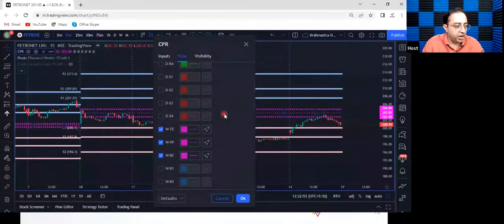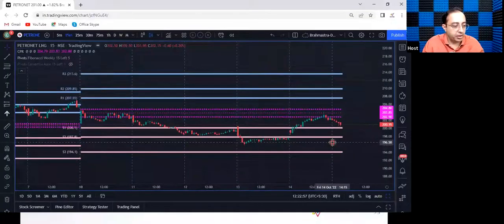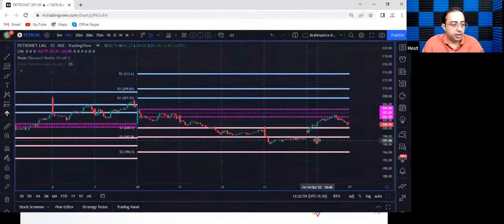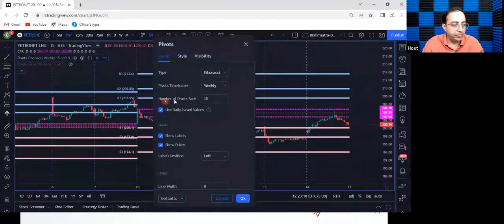Please note, I am turning on all my weekly parameters. Let's all do it together. I have changed this from Fibonacci daily to Fibonacci weekly. Let's all do this together so that all of us are clear.